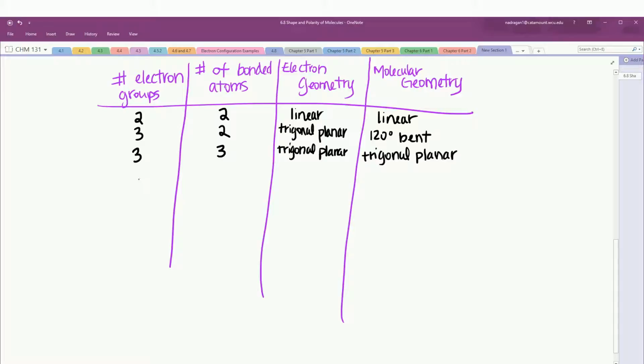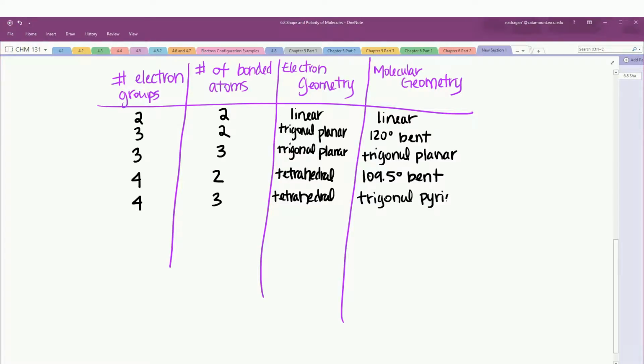Alright, so now if you have 4 electron groups and only 2 bonded atoms, then it's tetrahedral, and 109.5 degrees bent. If you have 4 electron groups and 3 bonded atoms, then it's tetrahedral electron geometry, and it's called trigonal pyramidal molecular geometry.